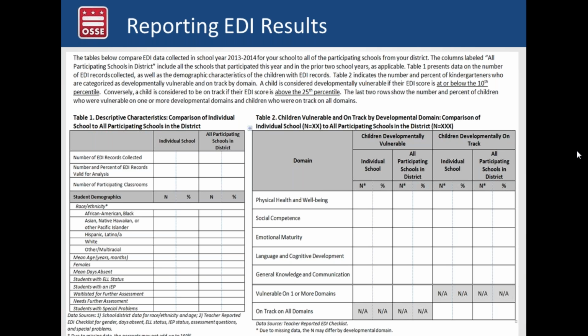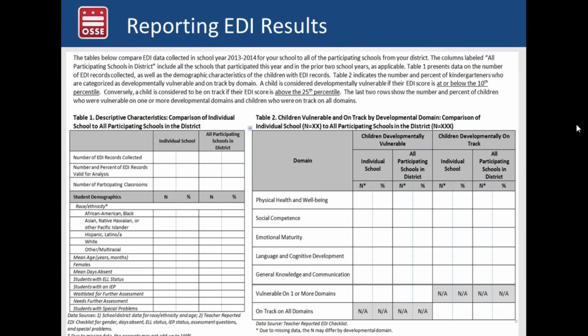This template is designed to help the school or the center see how they're doing relative to the overall average of the school district as a whole. And so that's why on both the tables here, you'll see a set of columns for the results for that individual school, and then next to it, a set of columns for the overall average of the district.